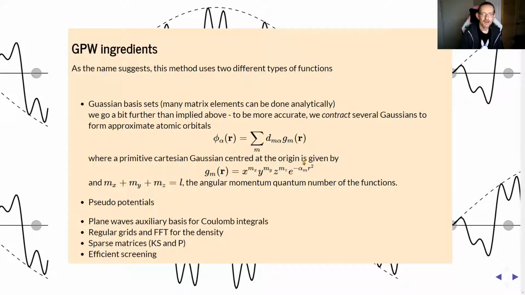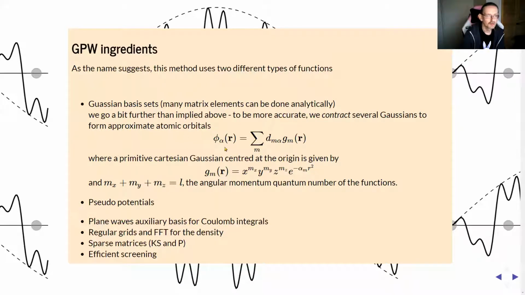And so it's a radially exponentially decaying Gaussian function multiplied by a polynomial in x, y, and z, which will give you your different angular momentum types for the orbitals. And then we build a basis function from a linear combination of several Gaussians with different exponents, but with the same angular momentum.